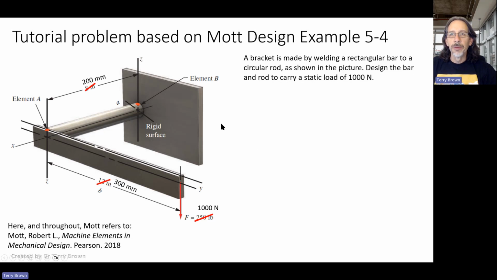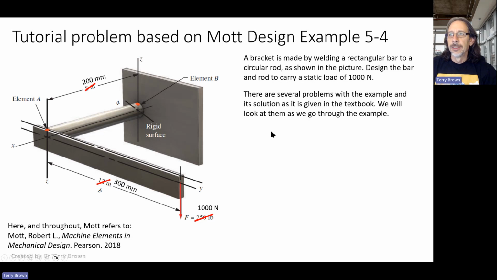But before we do that, one thing I wanted to do is ask you to have a look at the diagram and the problem that's presented, because there's a few problems with it. Firstly, have a look at the diagram and see what problems you can find, where there might be inconsistencies, where things don't line up where they should, and so on. All right, so stop the video and do that.